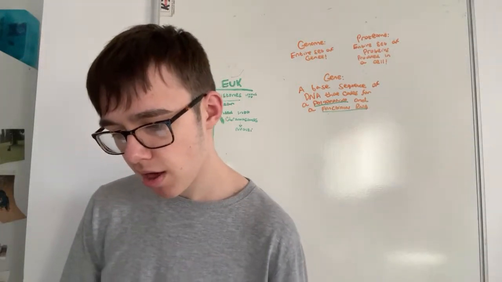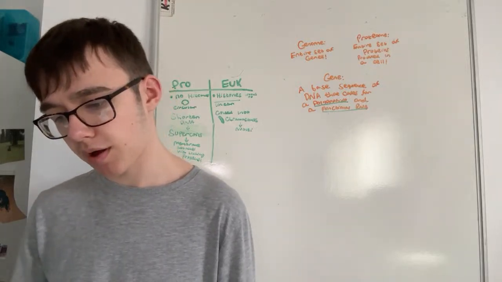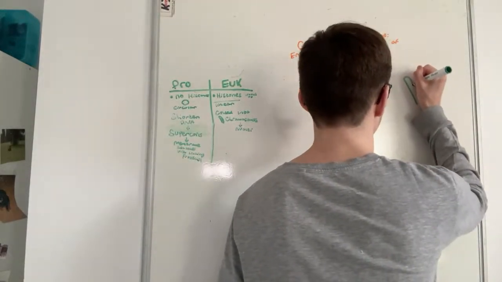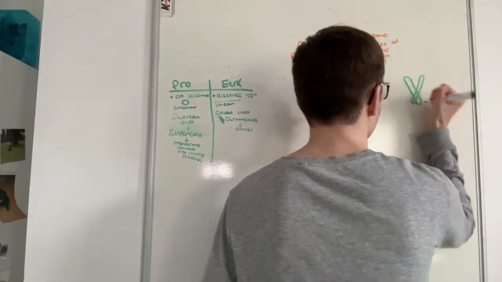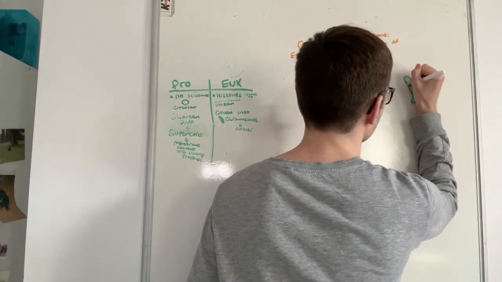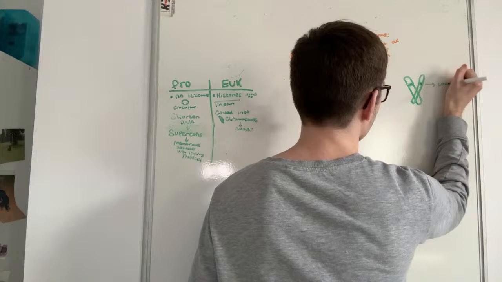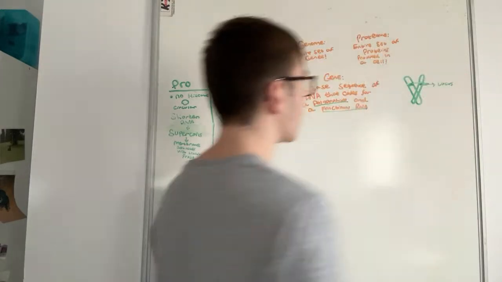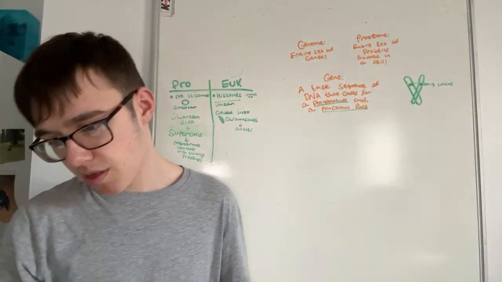A locus is a position on a chromosome occupied by a gene. So I'm just going to draw the chromosome here. So we're saying that a locus is obviously a specific part of a chromosome where the gene is contained.